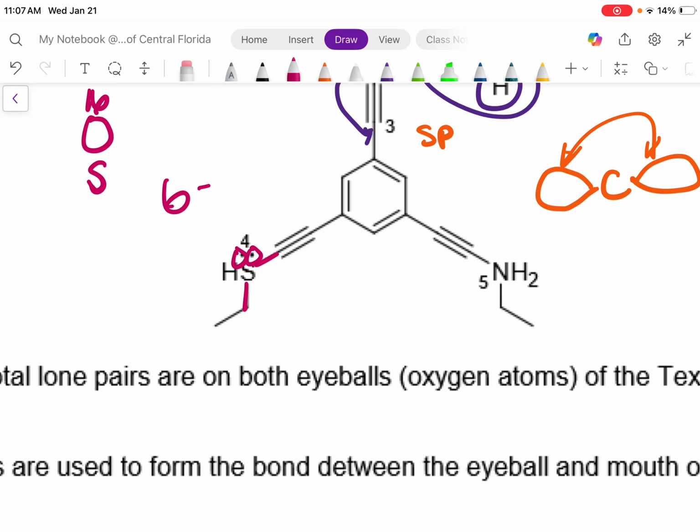But be very, very careful that there is this hydrogen atom right there. So we could extend that out and visualize it like that. So we have 1 bond, 2 bond, 3 bond, 4, 5. So 6 minus 5 equals plus 1. So the formal charge on that sulfur would be plus 1.